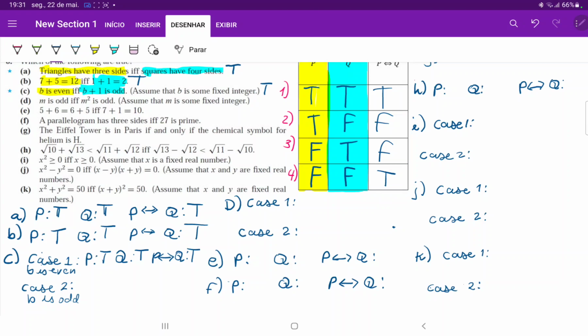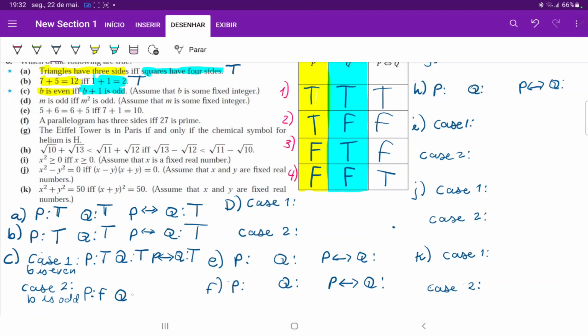Sorry, we can't put true yet because we didn't do the second case. Okay, case 2, B is odd. So P, B is even, is false. So that's false for P. What about Q? B plus 1 is odd. Well, if B is odd, any odd number plus 1 will give us an even number.